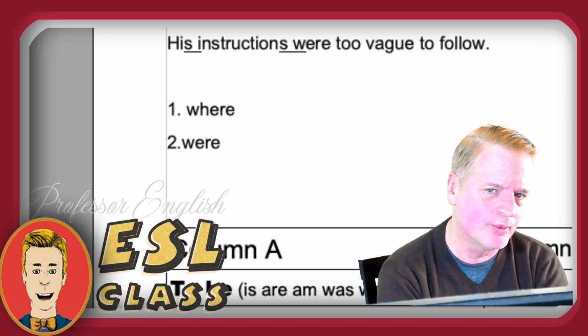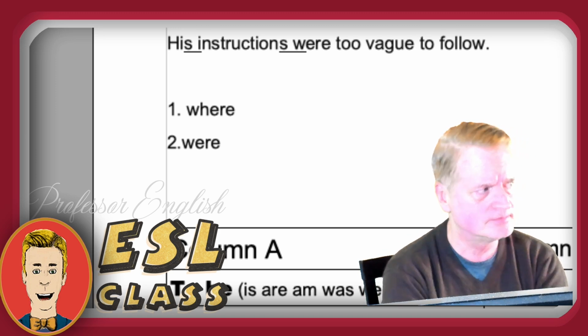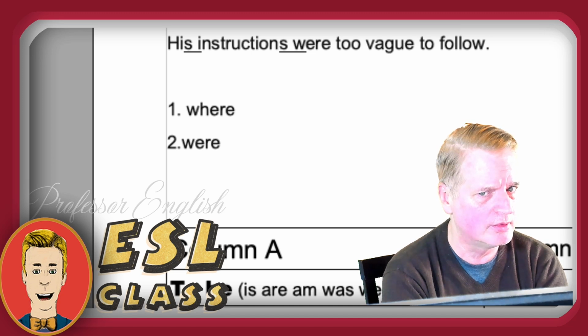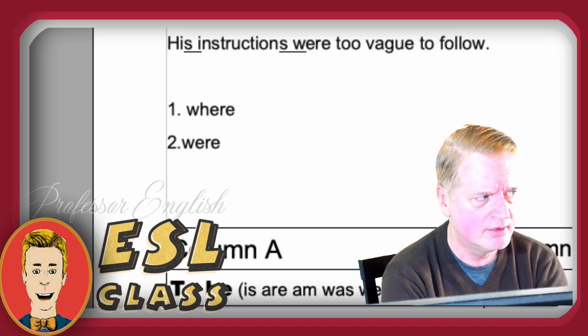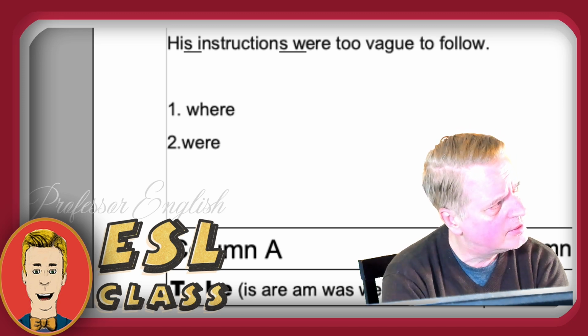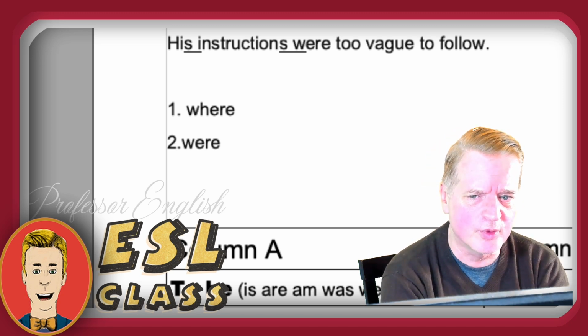Mohammed, can you read number one? How do you say number one? Where? How do you say number two? Where? Pachu, can you say number one? Is where? And how do you say number two? Is where?